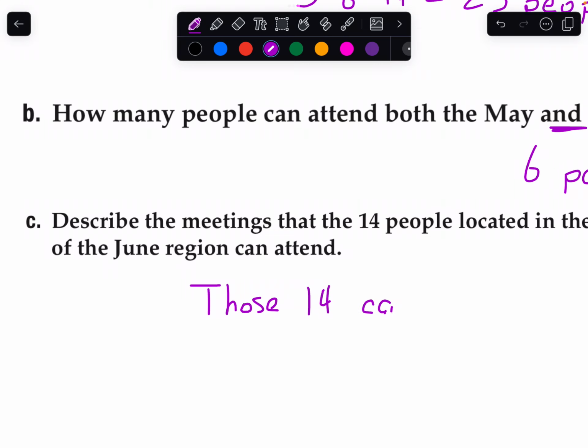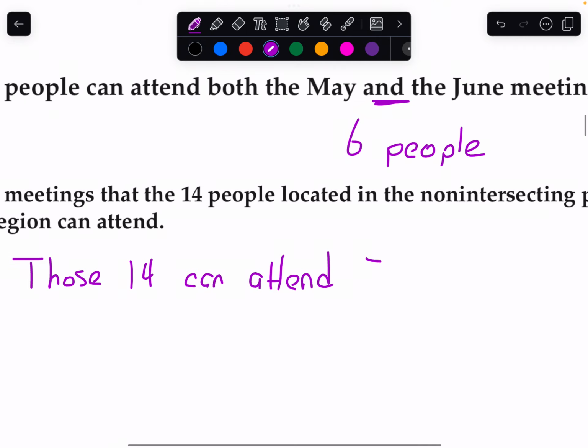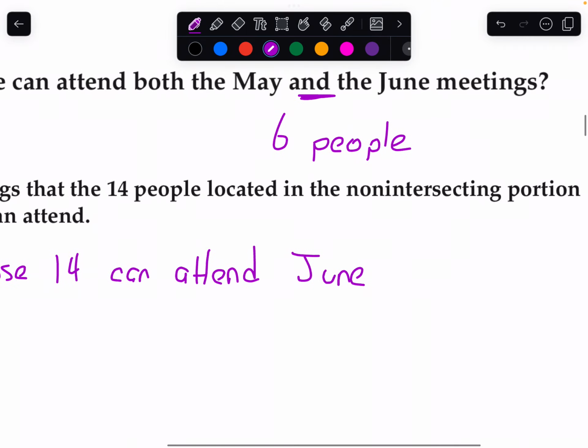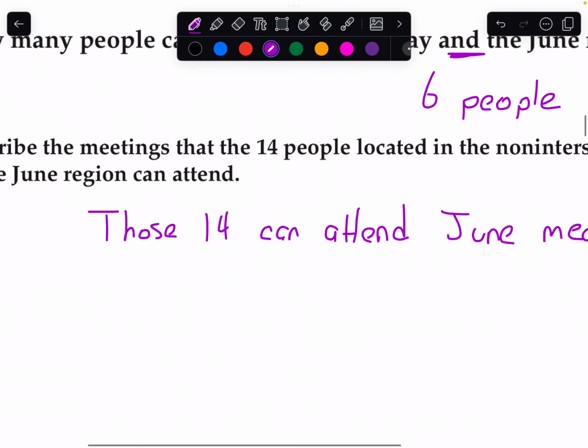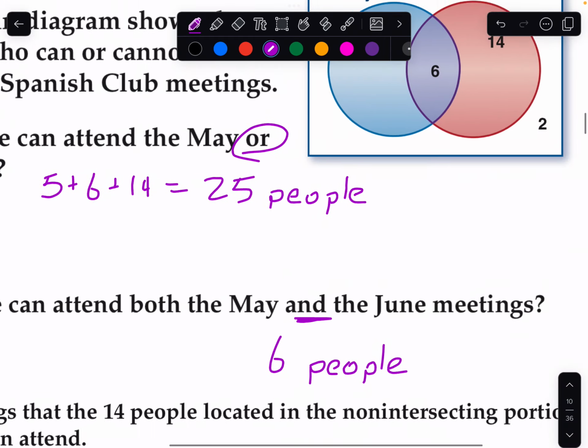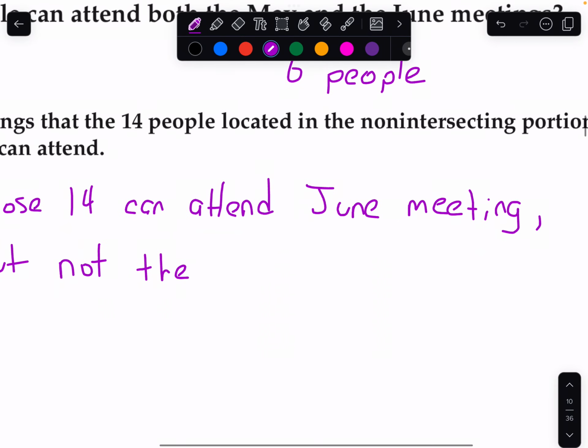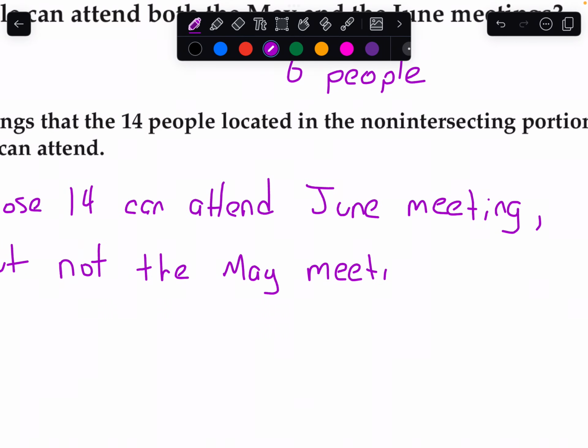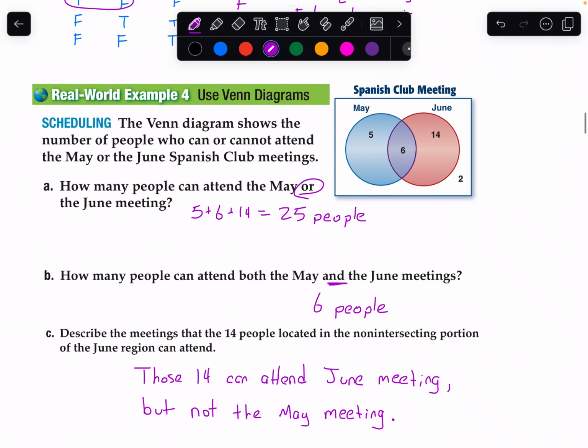Those 14 can attend the June meeting, but they're not in the intersection, so not the, what was the other one? May, but not the May meeting. Because if they could do May, they would then be inside the intersection in the purple middle there.